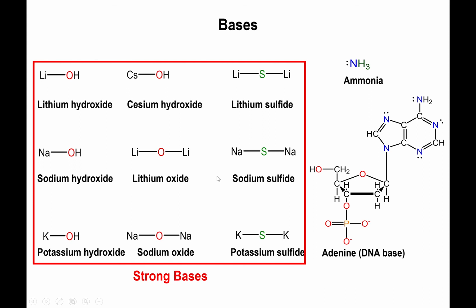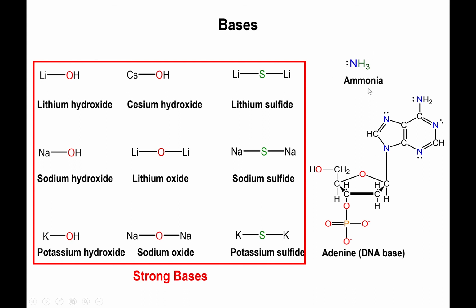Those things are definitely strong as well. And if you don't have a hydroxide or oxide salt, it's very likely that your base is going to be weak. In fact, let me put it to you this way. If you don't have that alkali metal present in there, it's very likely that your base may be weak.